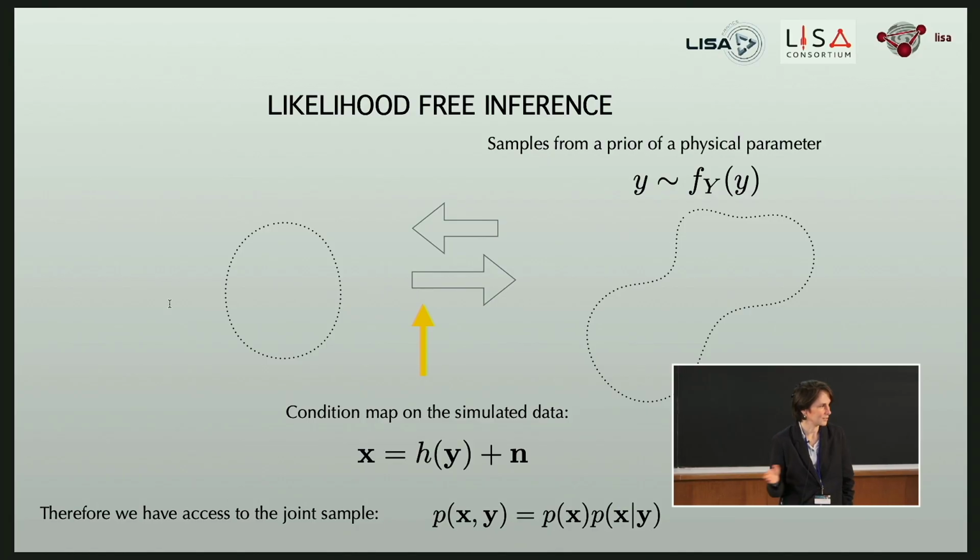The way they usually use this in machine learning is that they assume they have samples from the distribution that they want to learn the map to, but we don't have access to these samples. So instead we can generate samples from the prior, and for each sample from the prior we can generate artificial data.